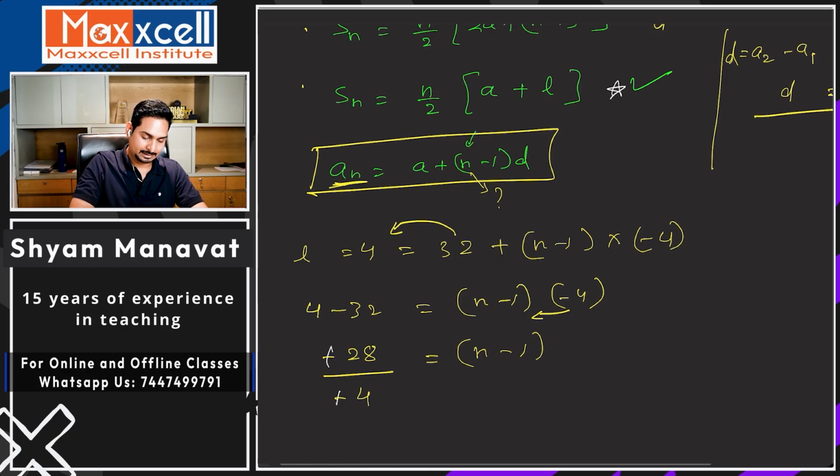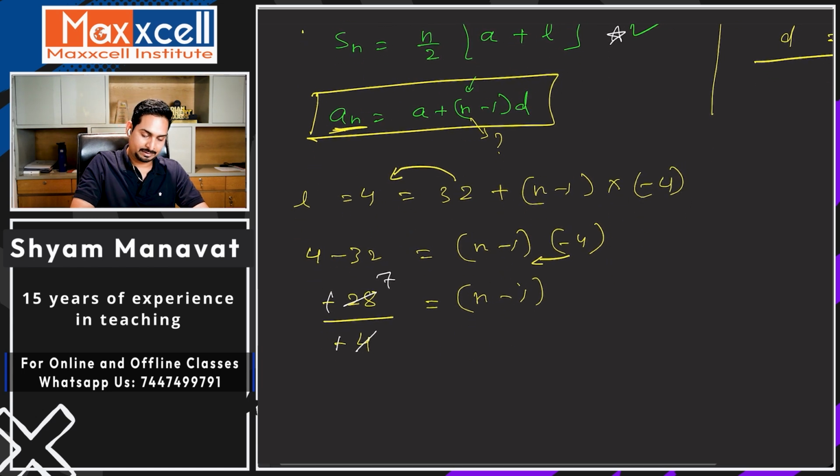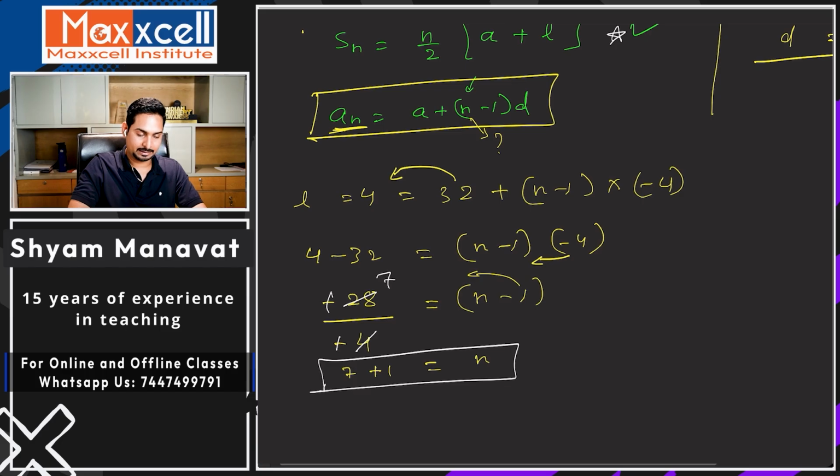Cancel करते हैं यहाँ पे. 4 का table बोलते हैं. 4 7s are 28. Then if I take this -1 toward this side, because अभी और कुछ बचा नहीं है coefficient का, right? कुछ और multiplication में बचा नहीं है. So I can simply take -1 to the left hand side and that will become +1. So here you have got what? 7 + 1. ये value हो गया n का. n मतलब कितना आ गया बताओ? 8 आ गया. Okay, n equal to 8.